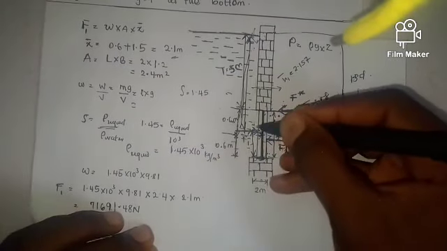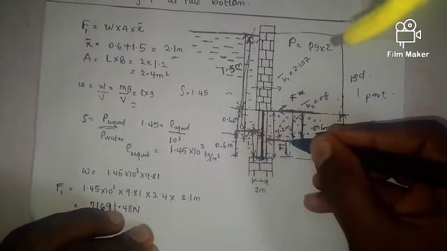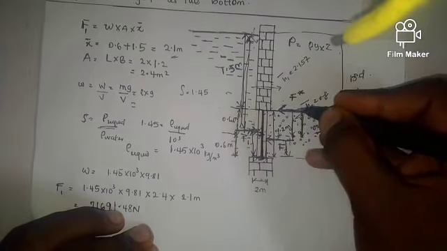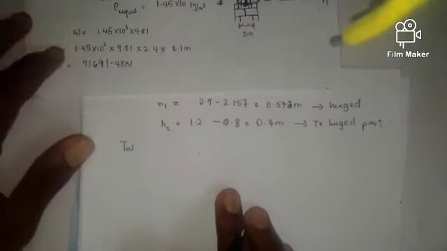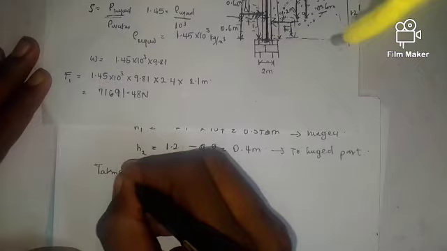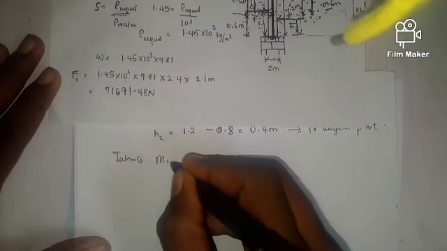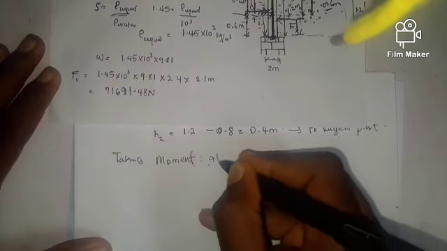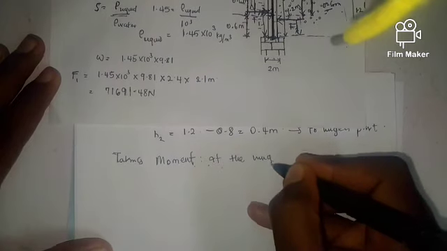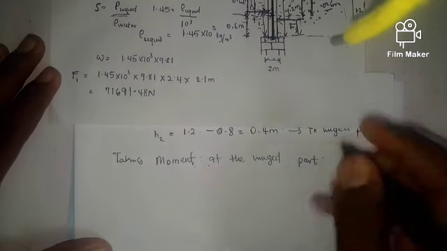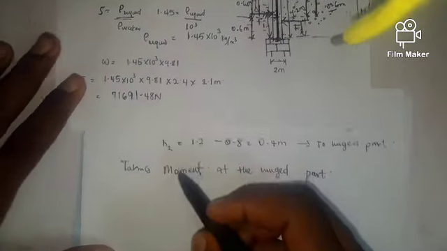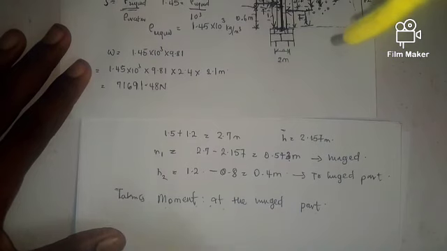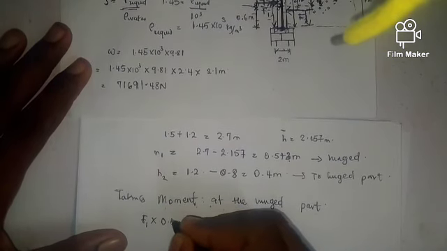So taking moment at this hinged part, I can say F1 times the perpendicular distance from F1 to this hinged part, which we got as 0.543, right? So F1 times 0.543.